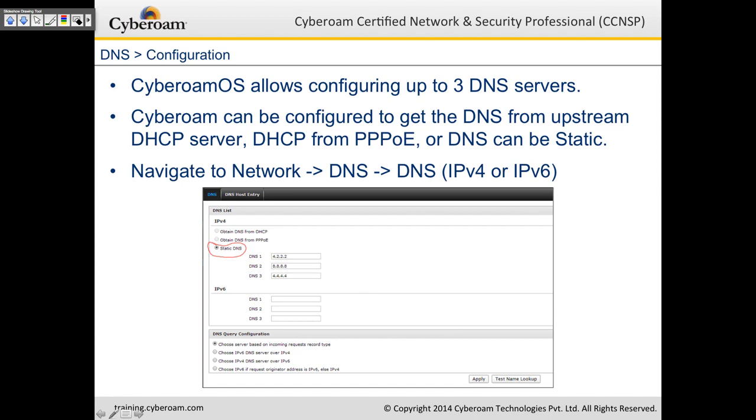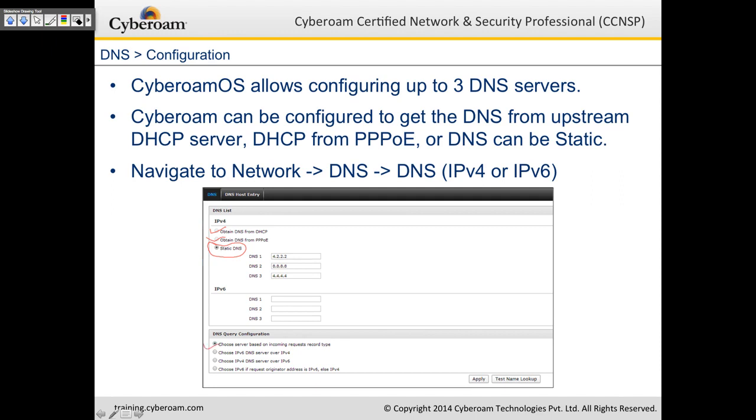However, if your ISP is offering you DNS from DHCP, you can select the option to obtain DNS from DHCP, or if you're using a PPPoE connection, you can select that option as well. Now there are certain DNS query configurations at the bottom: choose server based on incoming request and record types.